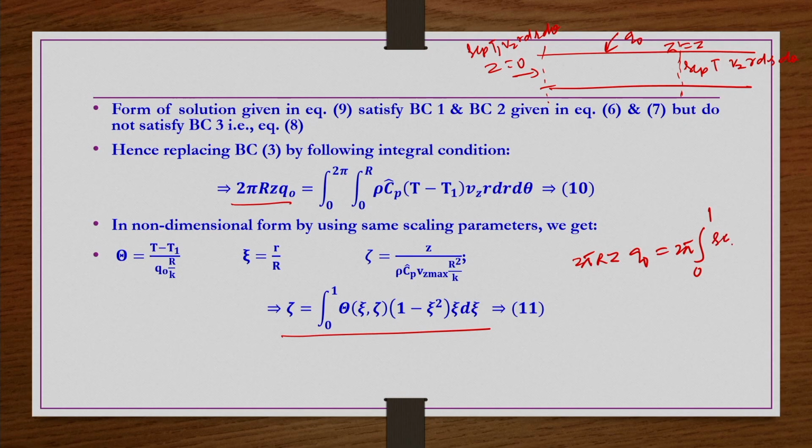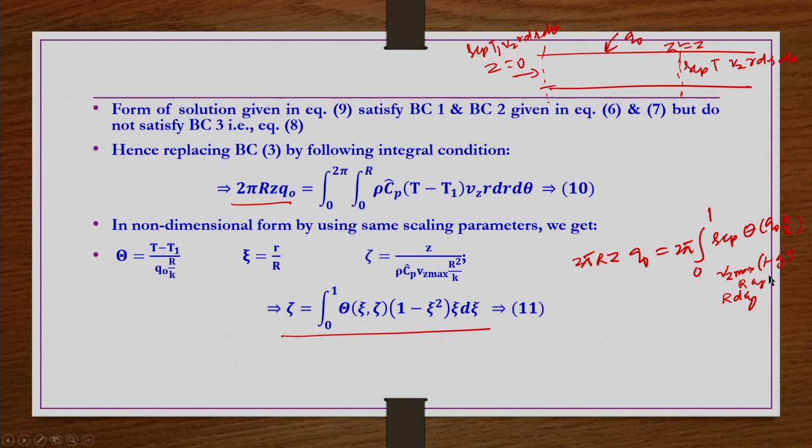Then rho Cp, T minus T1 is nothing but theta multiplied by q naught R by k, multiplied by Vz, which we write as Vz max (1 minus r square by R square, that is xi square), and then dr is nothing but capital R d xi, and r is nothing but R xi.